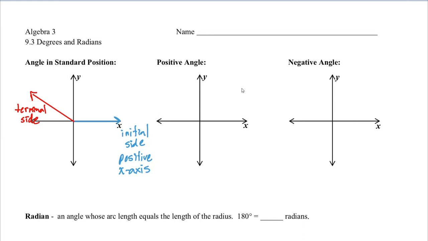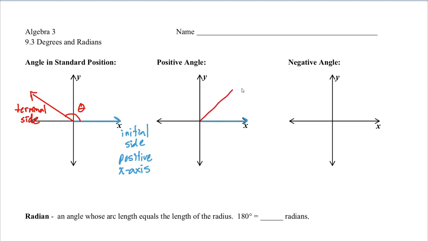Okay. And so this entire angle that's formed is typically abbreviated by theta. Again, where theta is representing an angle, that's that Greek word, theta. Okay, so we can have both positive and negative angles. So when we have a positive angle, again, we start on that x-axis for our initial side.